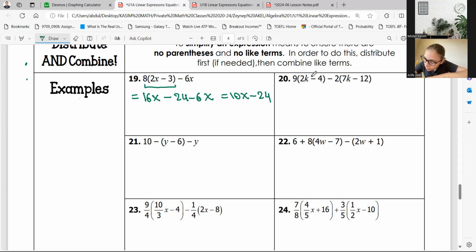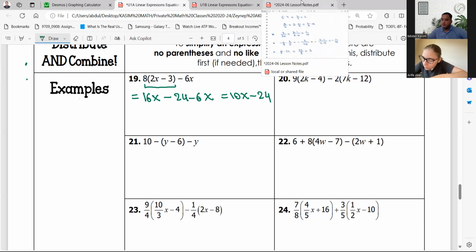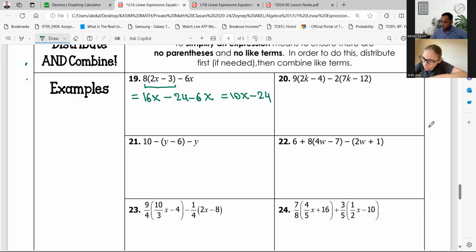14k minus 24. 4k minus 12. 4k minus 12. Mm-hmm.